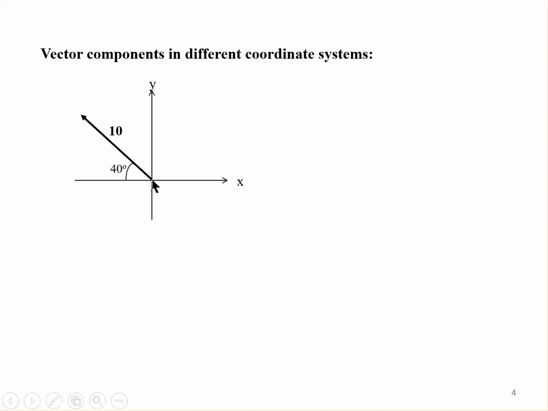So the idea here is that I want to write this black vector as the sum of two other vectors, one going along the x-axis and one going along the y-axis. In other words, these two red vectors here, when I add them together, this vector plus that one add up to the original vector.